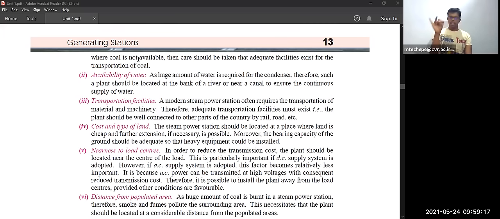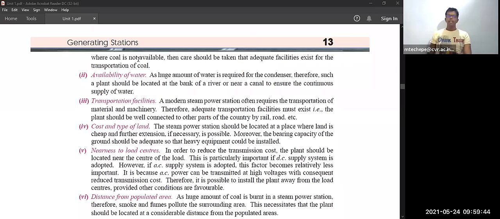The thermal power station itself may construct railroads for 100 or 50 kilometers from the junction, at their own cost, after getting permission from railways.